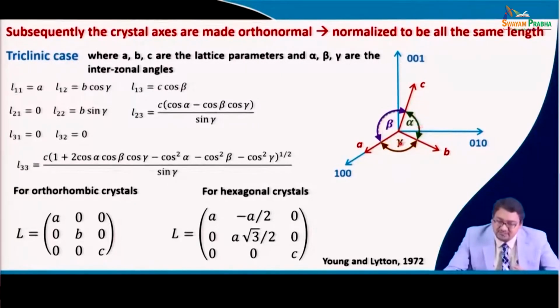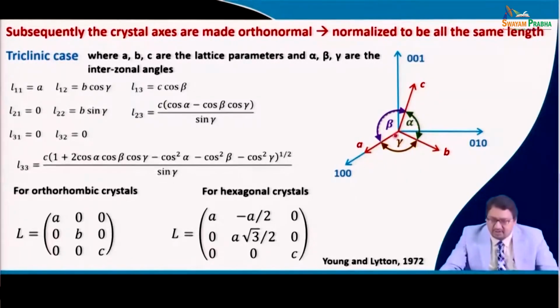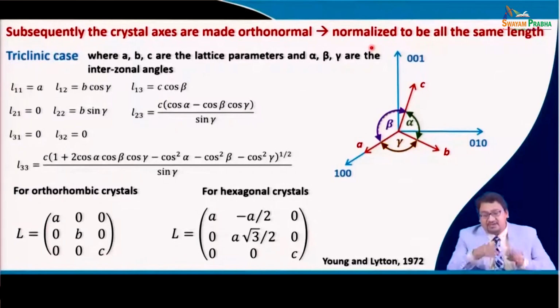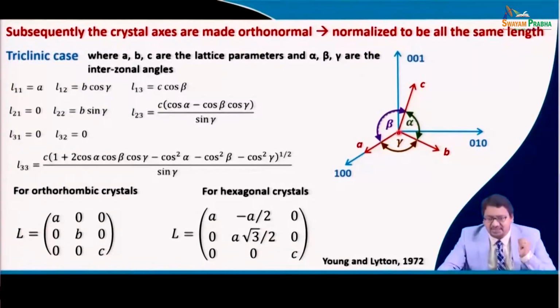So, if we superimpose an orthonormal crystal system 1 0 0, 0 1 0 and 0 0 1 on the lattice parameters, then we find that we can superimpose it in such a way that the A coincides with the 1 0 0.